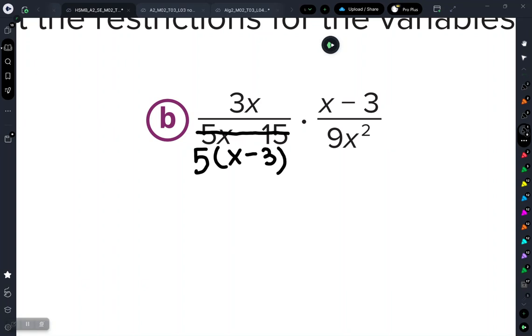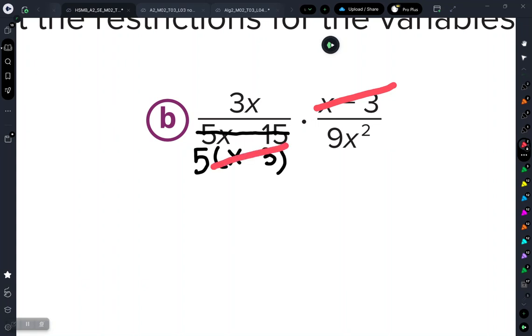Now that I've written it that way, I can start to see the factors that I can cancel. For example, I have an x minus 3 and an x minus 3. The x minus 3 on the top is going to cancel with this x minus 3 in the denominator.